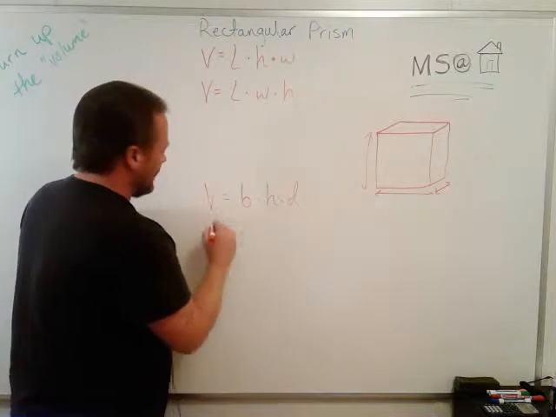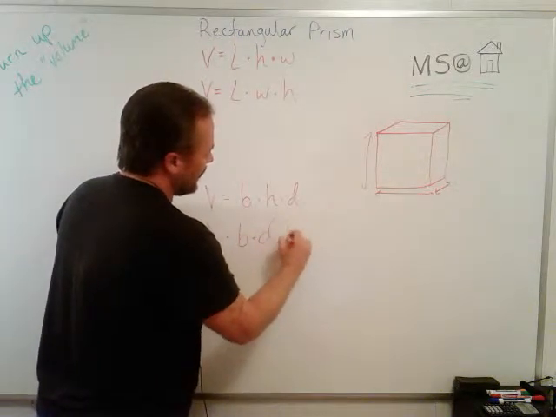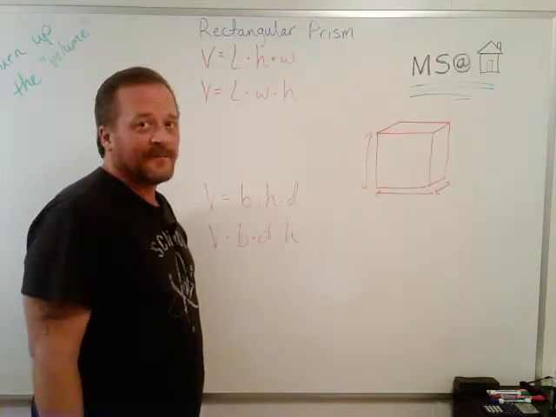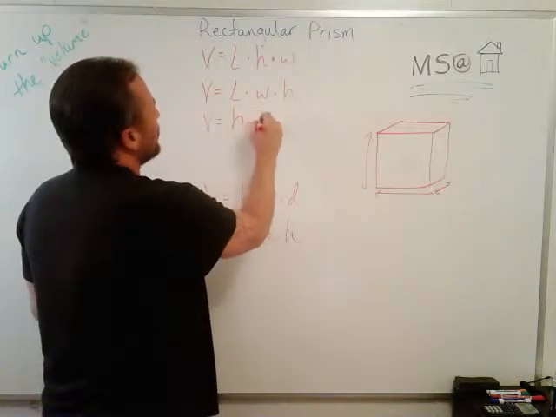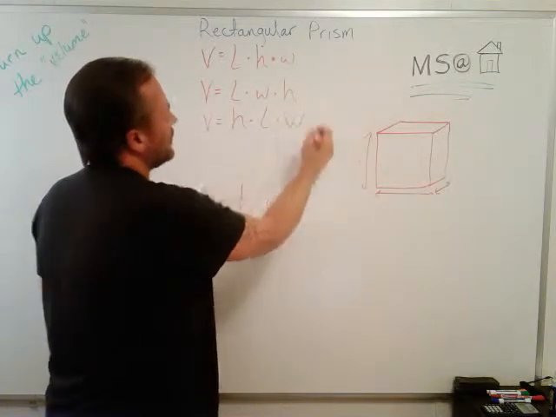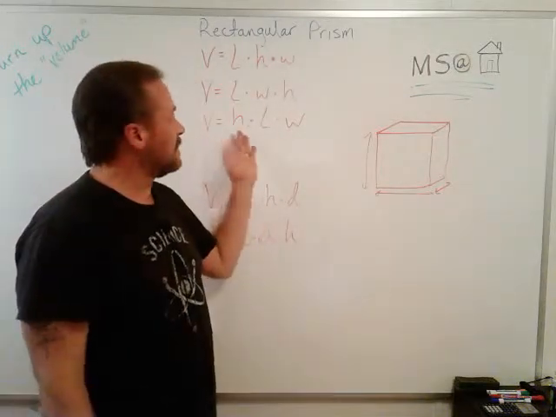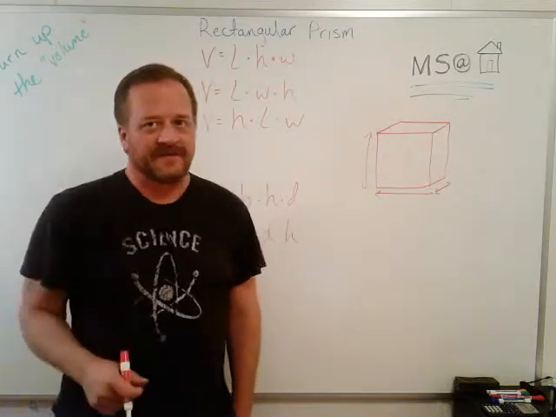Same with this one. If I wanted to write this one as base times depth times height, same result, totally going to be the same, okay? It doesn't matter which order you write these in. You're always going to get the same result thanks to the commutative and associative properties of multiplication.